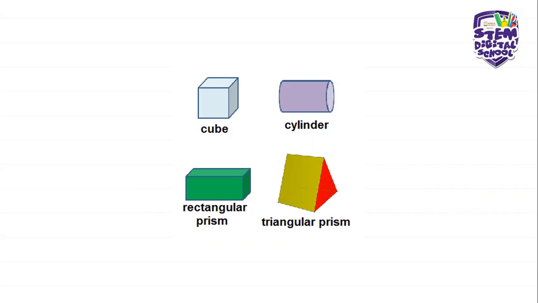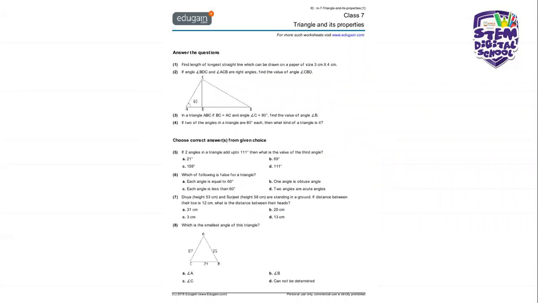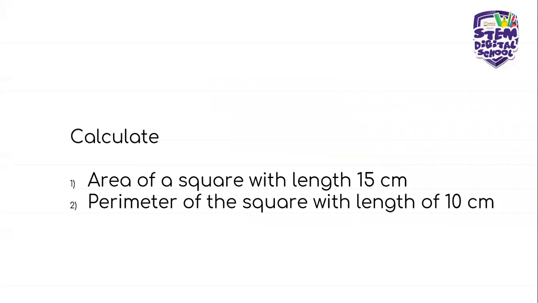That is our triangular prism, which is much different from the other one, which is a pyramid, a triangular pyramid.